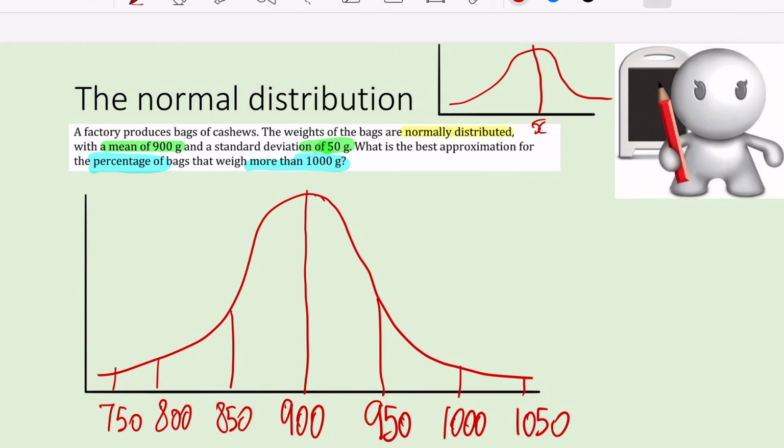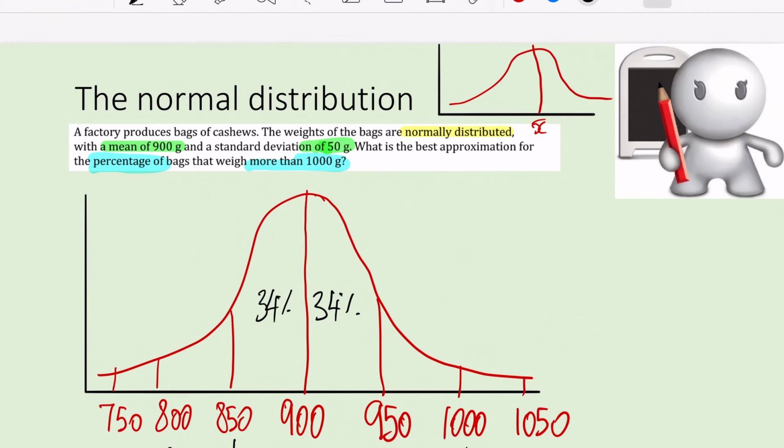Now on your formula sheet, you will see the same diagram, and it's going to tell you that 1 standard deviation away from the mean is 68% of all the scores. When I divide that by 2, because it is a symmetrical graph, I'm going to get 34% and 34%. 2 standard deviations away from the mean is 95% of all the scores.